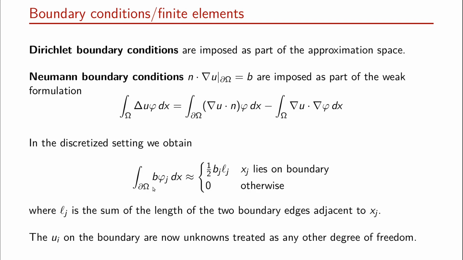What I did here is I assumed that b is constant over the support of the test function, which means I get a b_j, and then I have to integrate over the test functions. The integral over the test function is just 1 over 2 times L_j, and L_j is the sum of the lengths of the 2 boundary edges that are adjacent to x_j. This is just the length over which the support of these test functions extends.